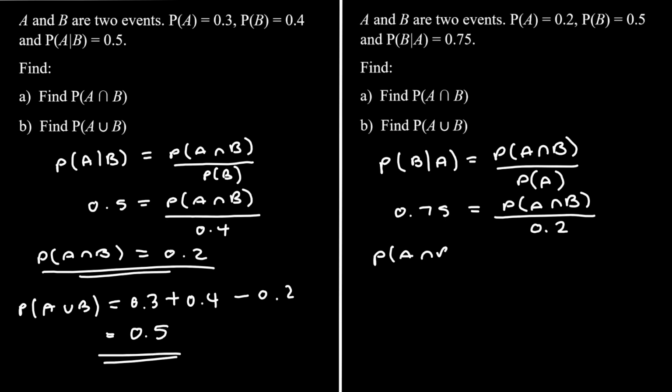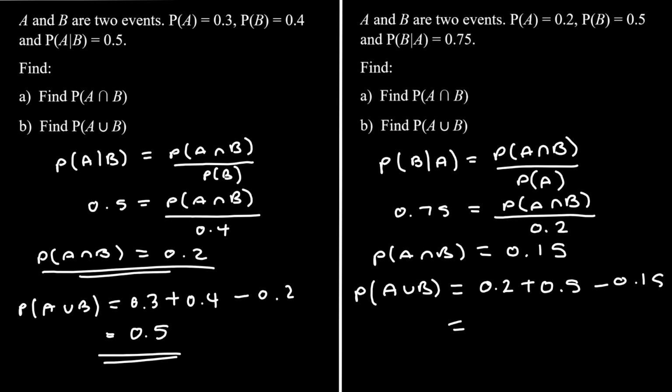And that's going to be 3/4 of 0.2, 0.15. Find the probability of the union of A and B. So that's going to be the probability of A plus the probability of B, take away the intersection. 0.7, take away 0.15, will be 0.55.